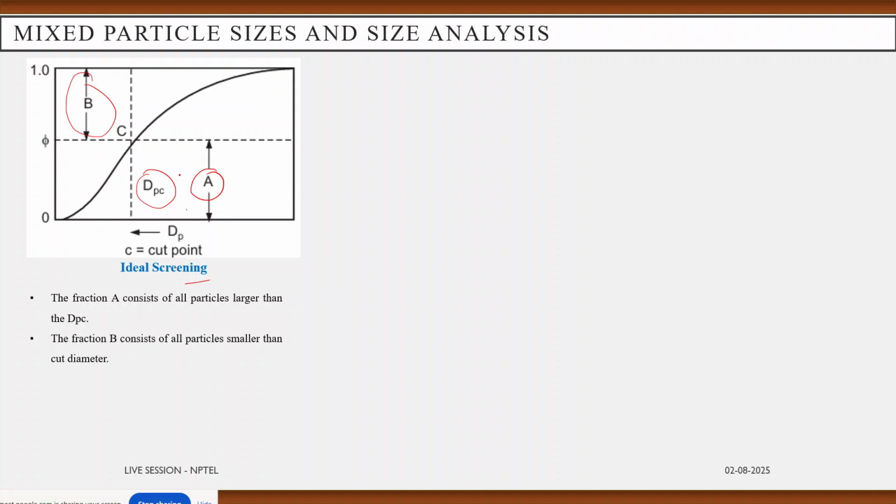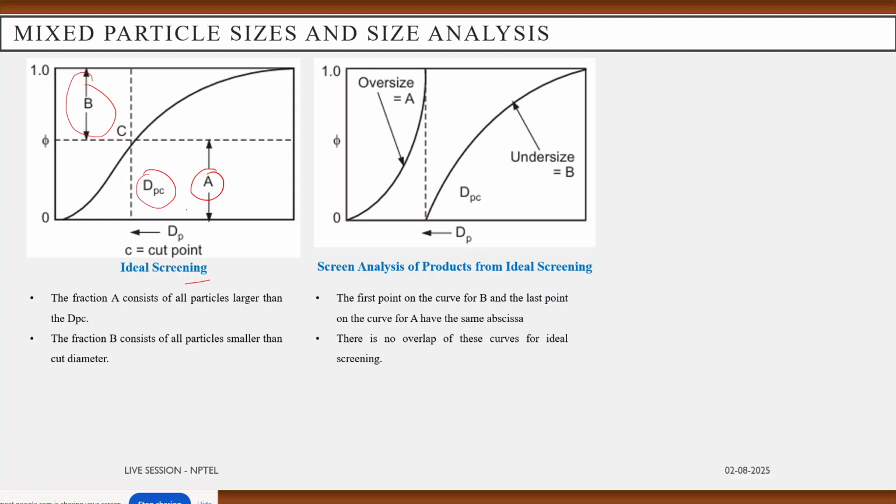But when you go for ideal screening and the screen size analysis you do, then you can see that in terms of the sphericity and the particle diameter, there is a curve for oversize and undersize, and there is no overlap, but the last point of the curve A and the first point of the curve B have the same abscissa.